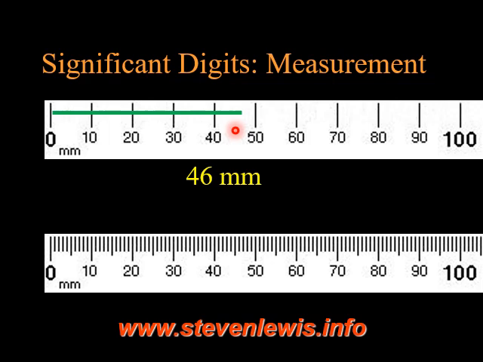The first digit is a counted value. The second digit is an estimated value. Someone else may use the same ruler to measure the same line and conclude it's 45 millimeters. Somebody else may say 47 millimeters. In other words, there's some uncertainty about that second digit, but we have no uncertainty about the first digit because it was counted.